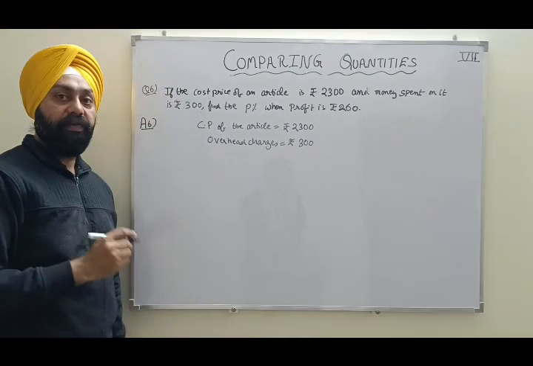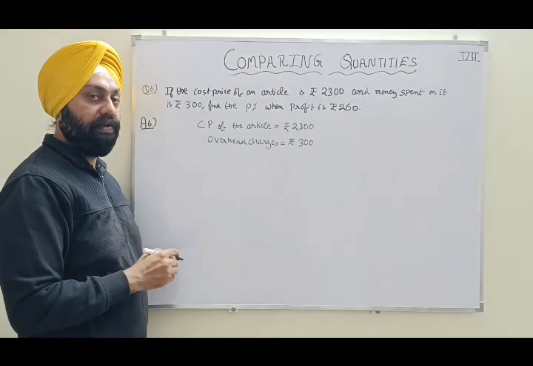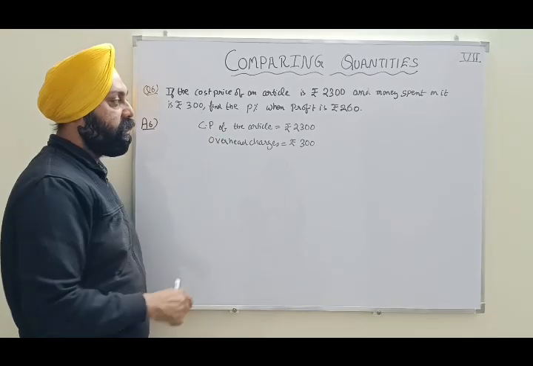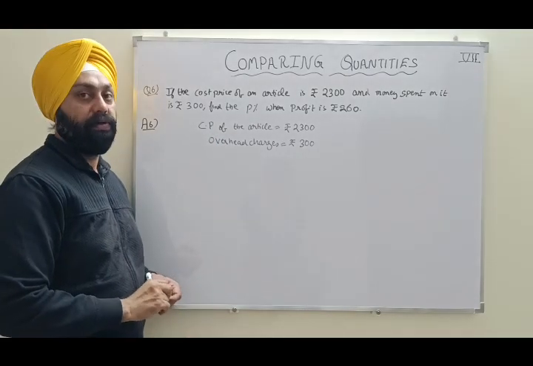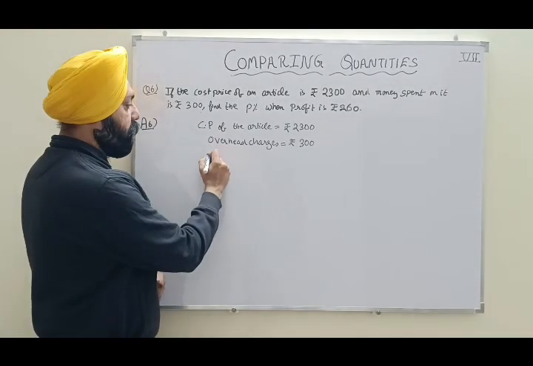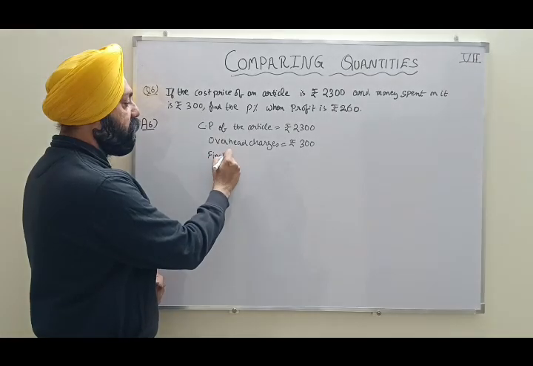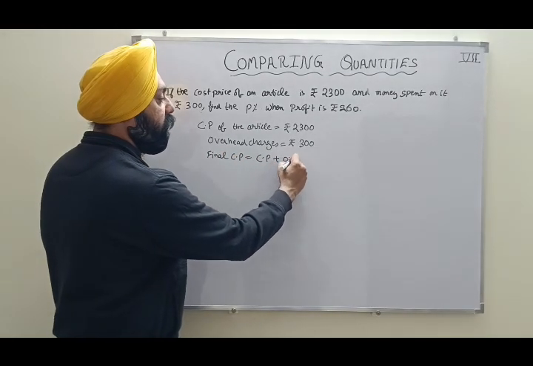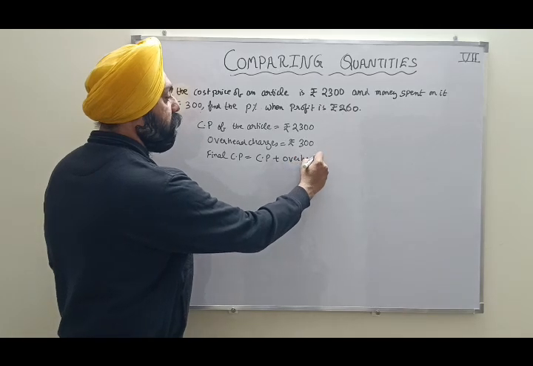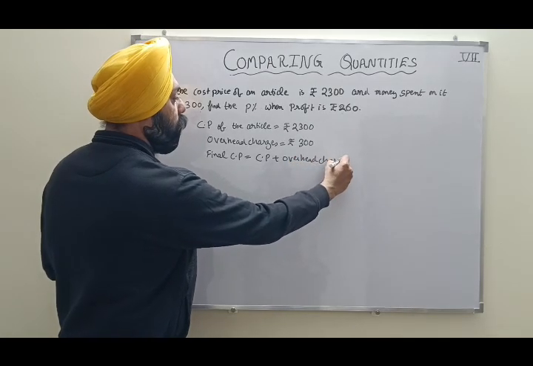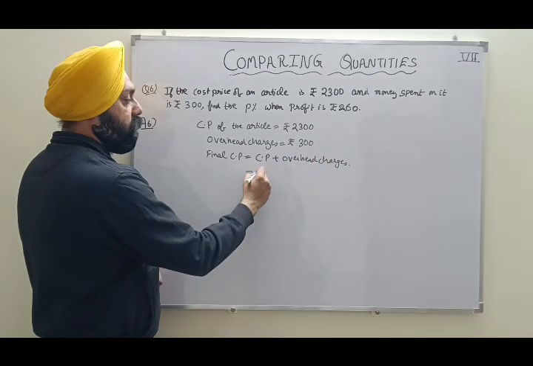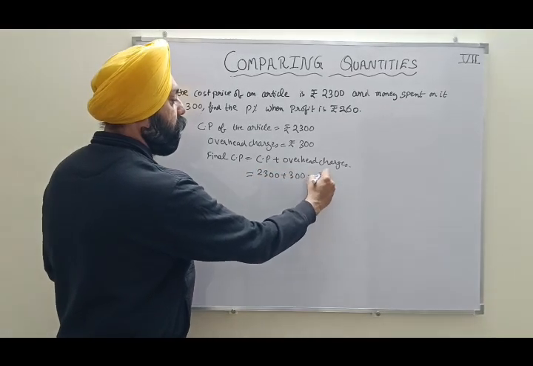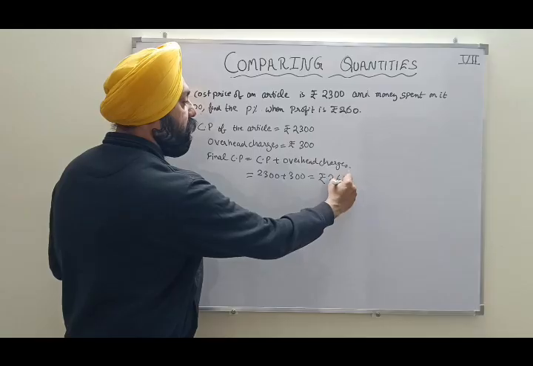Whenever you are finding the SP, the cost price and the overhead charges also get added up to find the final CP. So the final CP is always the cost price plus overhead charges. So it is equals to 2300 plus 300, that gives 2600.